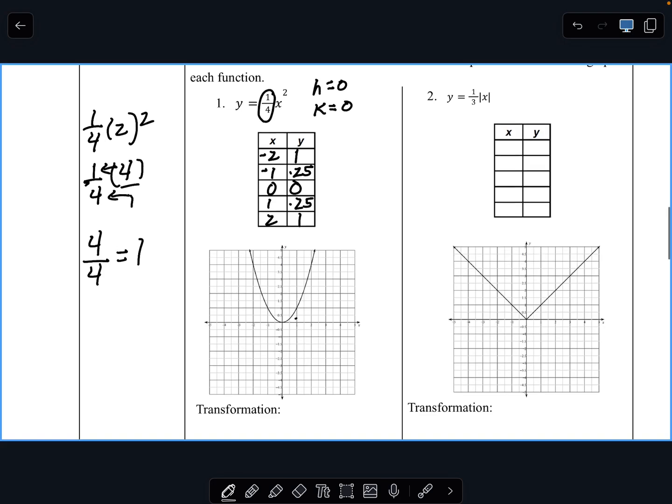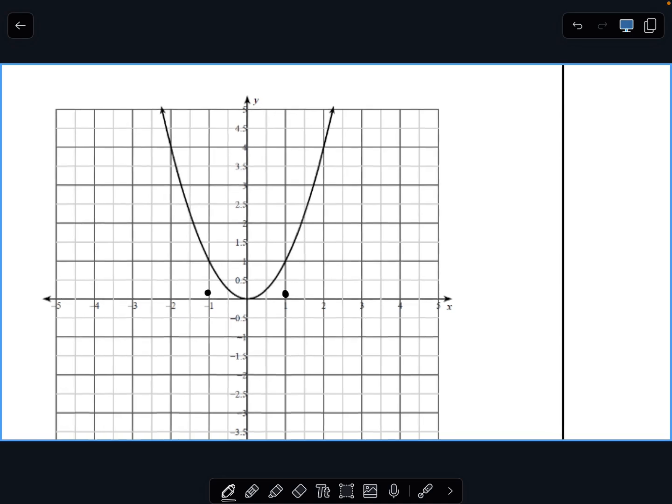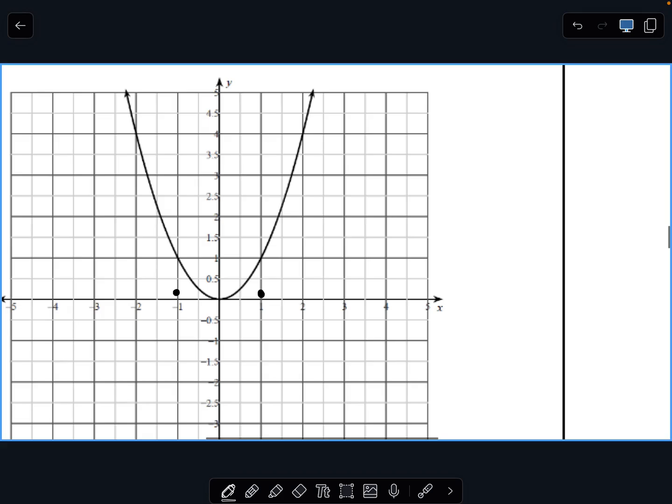So way down here, okay? Let me spread this out a little bit. Oops. Go to erase, erase. So I'm actually going to be way down here, okay? Then at negative 2 and 2, I'm going to be at 1. So here I'm going to be at 1, and here I'm going to be at 1.